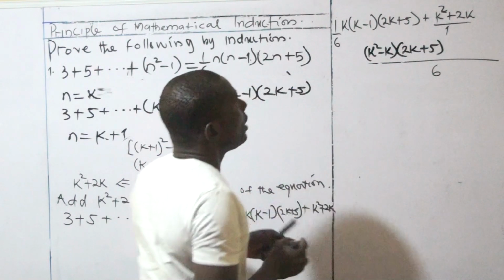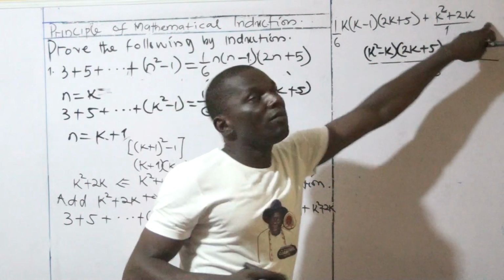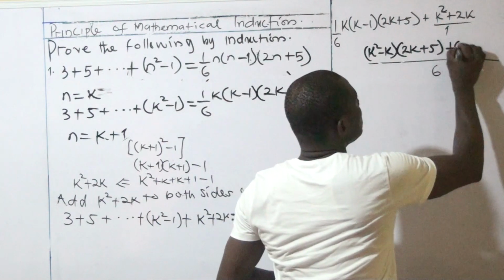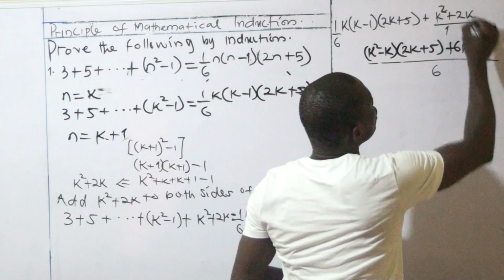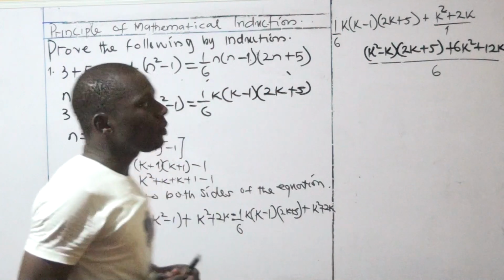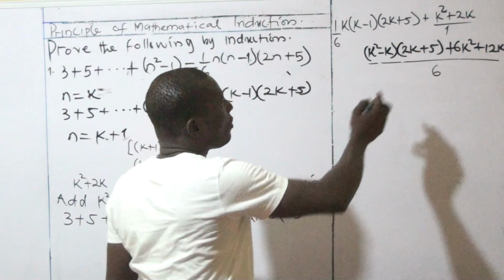Then here 6 divided by 1 is 6. 6 times everything in this place becomes plus 6k squared plus 12k.